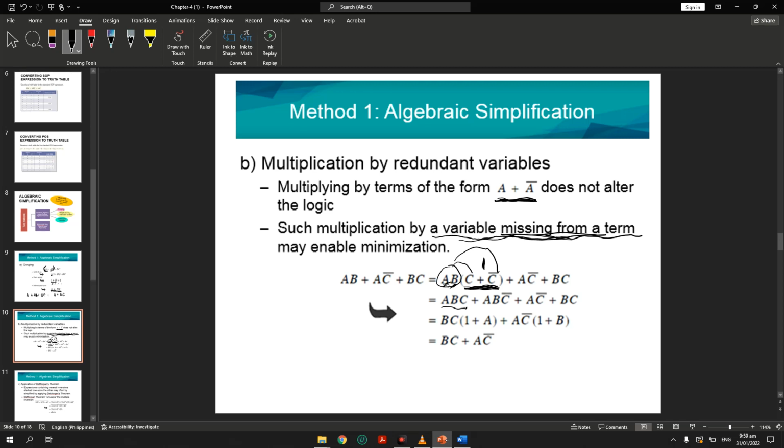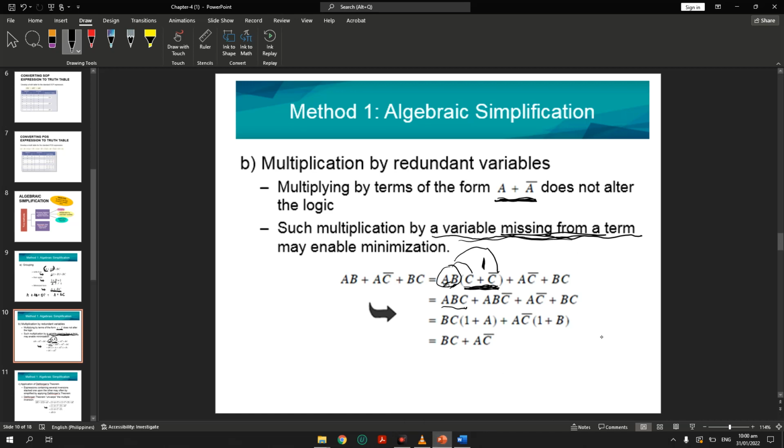You rearrange the term so that we can again apply what we have learned in lesson 1, which is also the grouping.